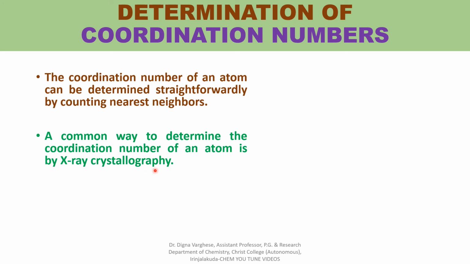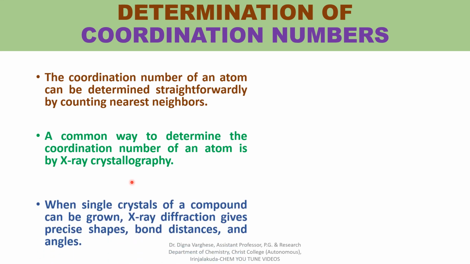If we take a single crystal X-ray diffraction for the complex, we can easily determine its structure and its coordination number, whether there is any solvent of crystallization, and what the bonding is between the molecules or with the central metal atom. So this can easily be determined by the X-ray crystallography method.